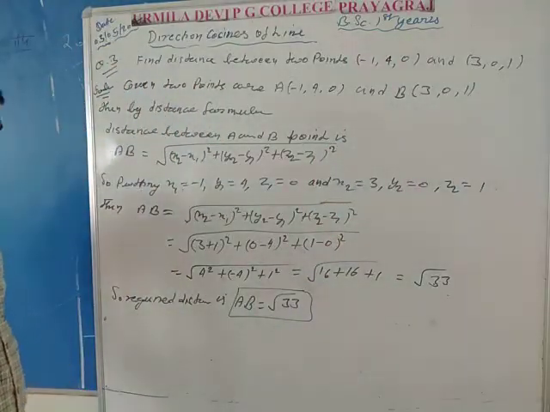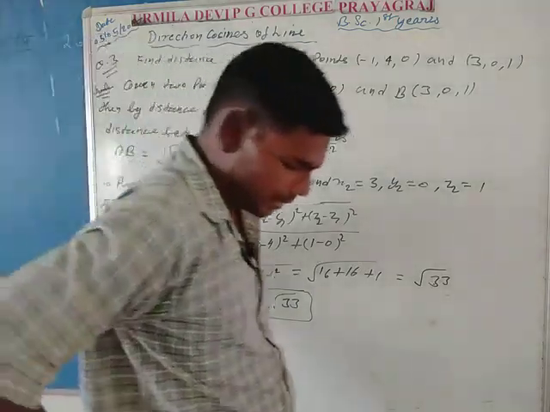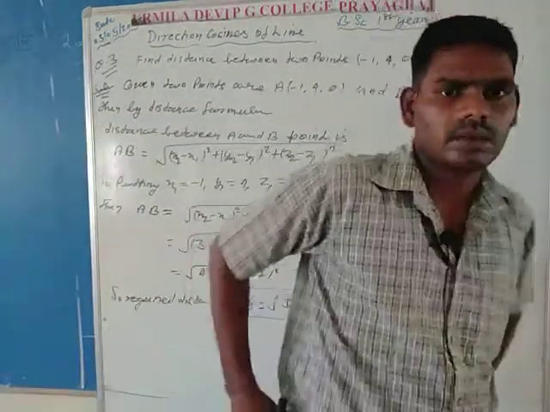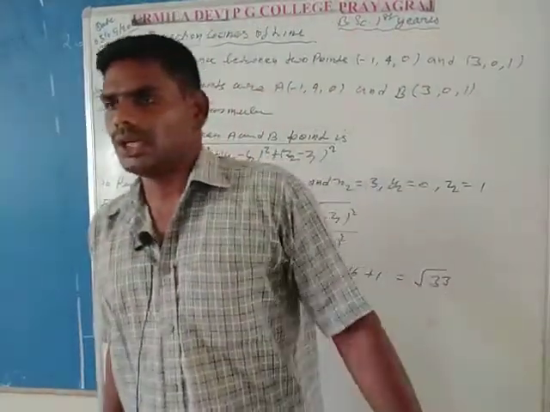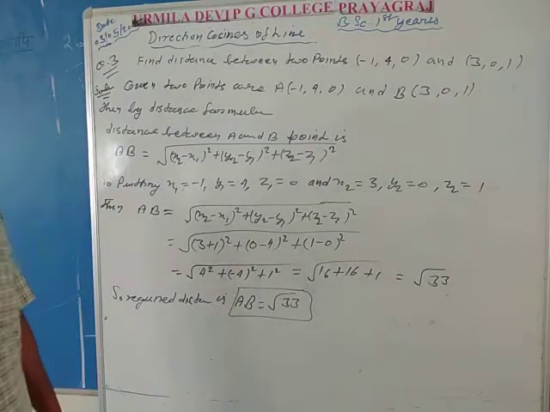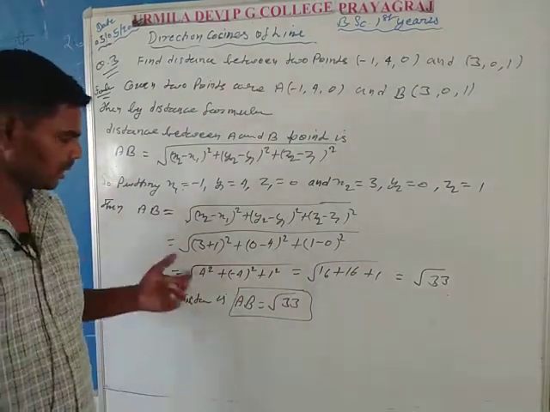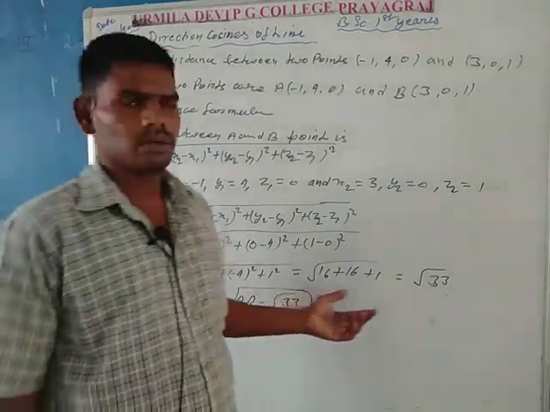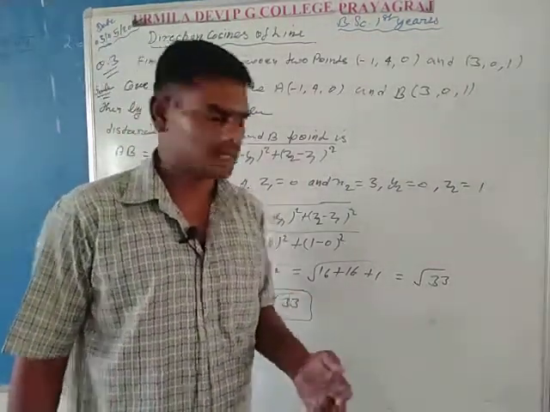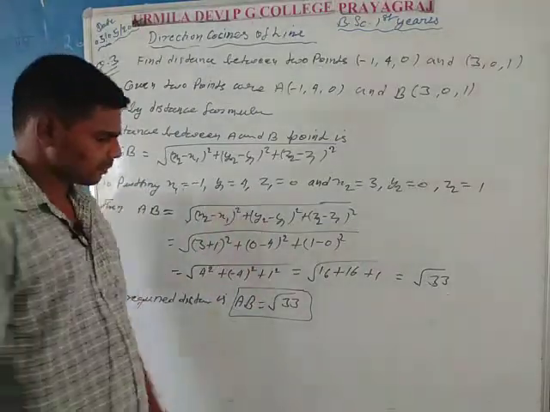The first point is x1, y1, z1, and the second point is x2, y2, z2. These values are put in the distance formula, and after simplification, the required distance between the given 2 points is under root 33, which is the complete solution and the answer.